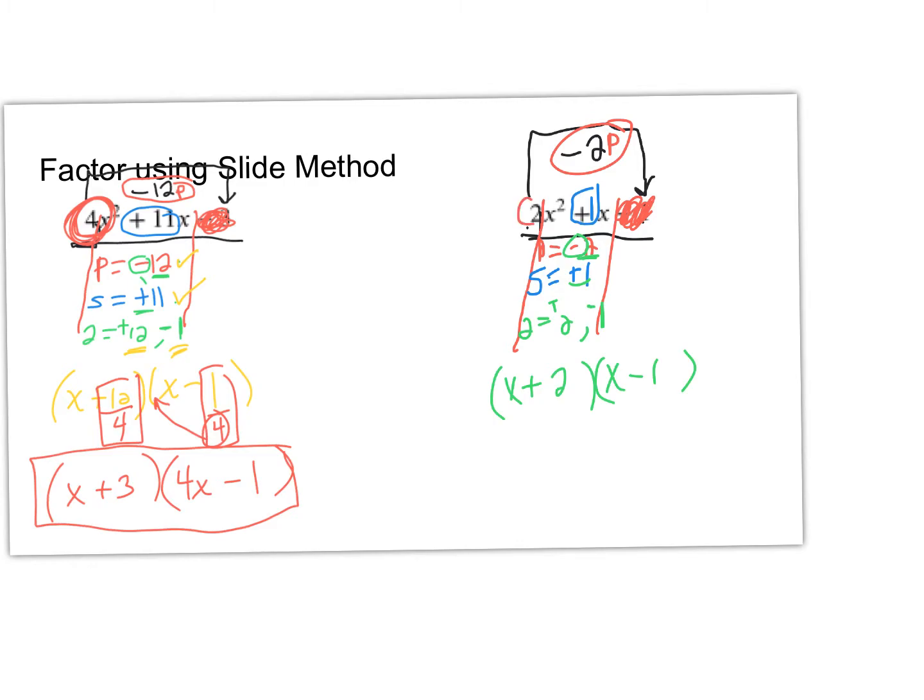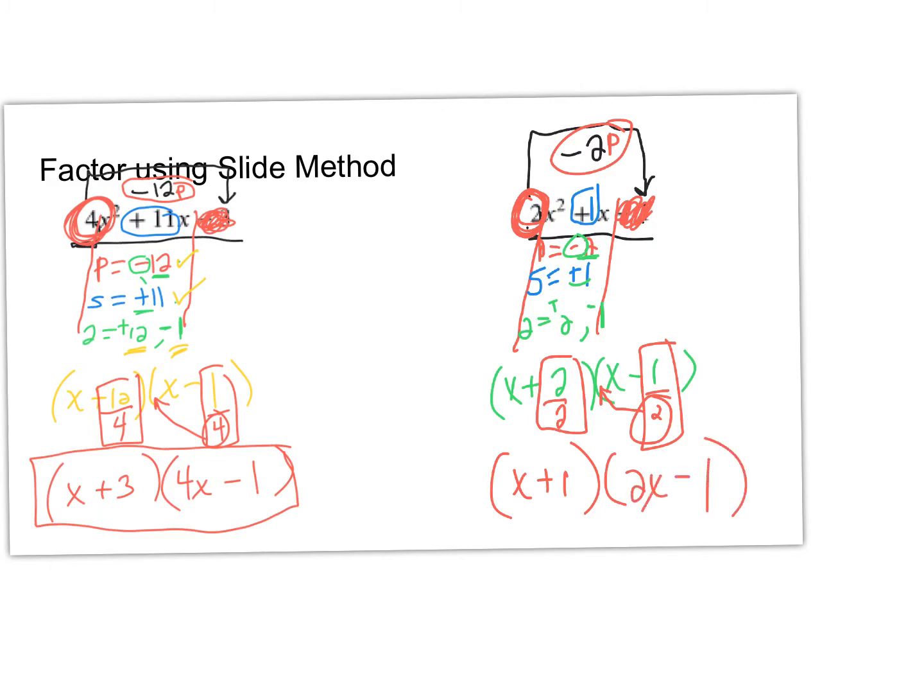Now don't forget, since we do the slide, we have to divide. Okay, so we're going to have x plus, now 2 over 2 is 1. Now 1 over 2 I can't do anything with, so I'm going to scooch that 2 in front of that x and get 2x minus 1. And boom, there's that one.